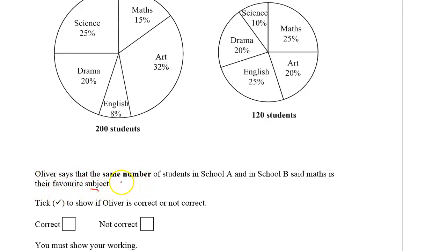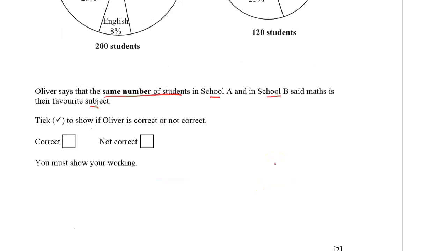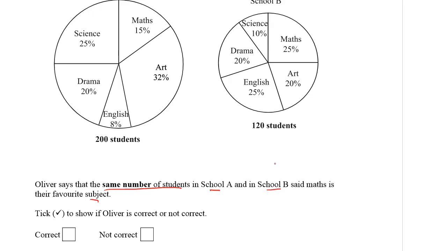So let's find the number of students in school A that love maths and the number of students in school B that love maths as well.